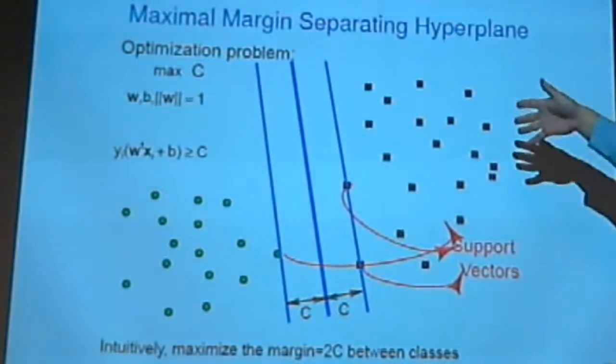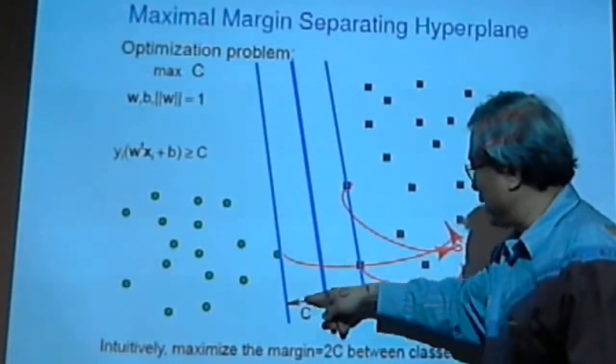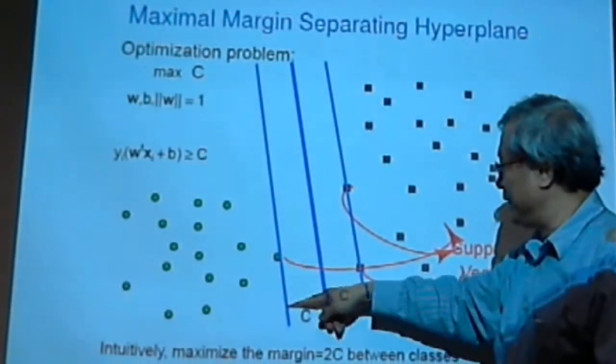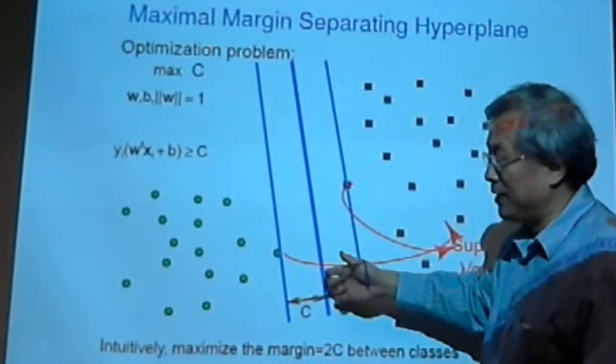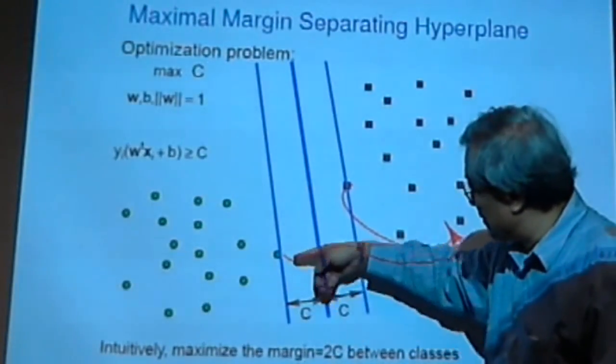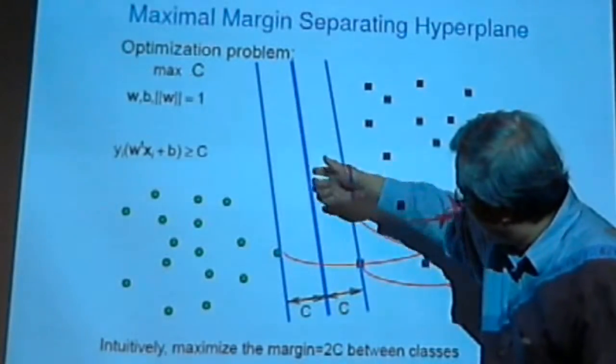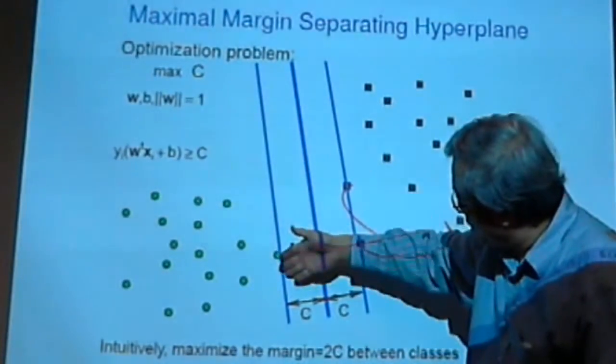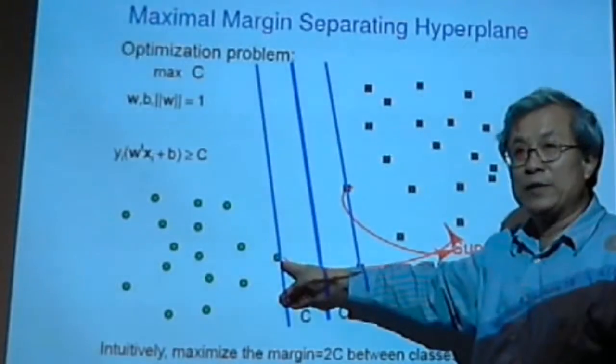Through this, the margin is 2 times C, right? Here, this is our separating hyperplane. And this line, parallel to this hyperplane, goes through the observation that is nearest.